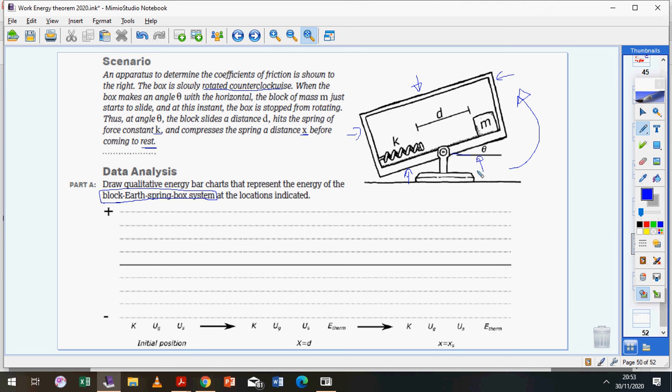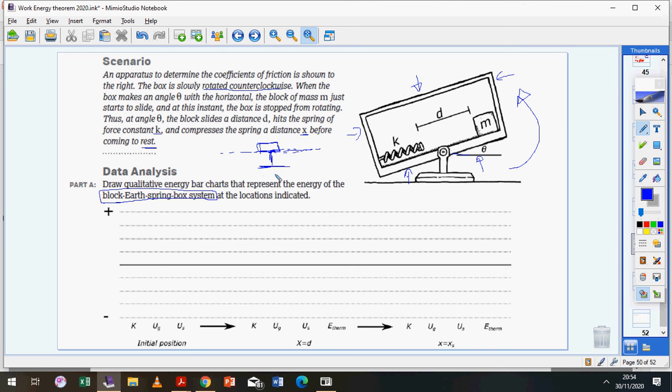If I'm looking at this block, in its initial stage it was resting perfectly at this pivot. If you're considering this position to be your zero, then it doesn't have any gravitational potential energy.